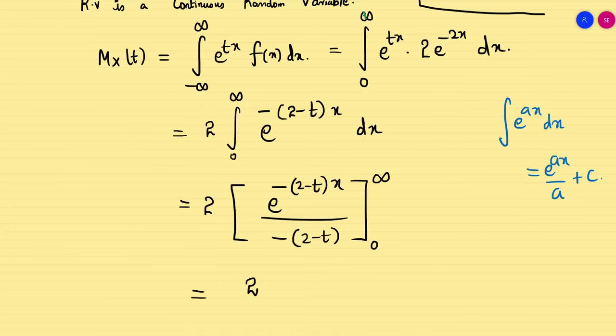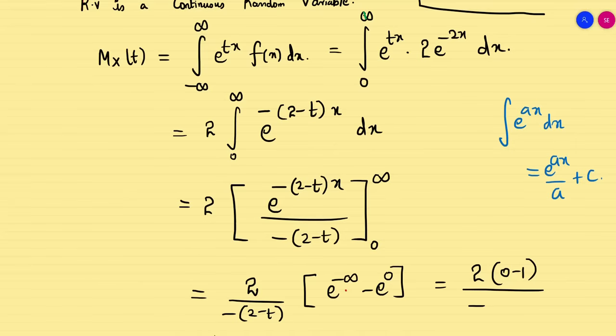So 2 divided by 2 minus t, when I put the upper limit, it will be e power minus infinity, lower limit is e power 0, and this is going to be 0 and this is going to be 1. So when I simplify, 0 minus 1 over minus (2 minus t).